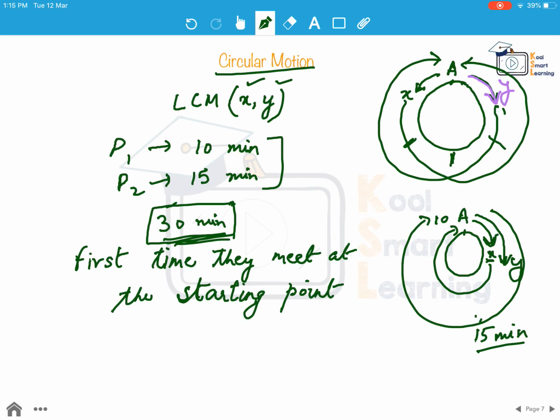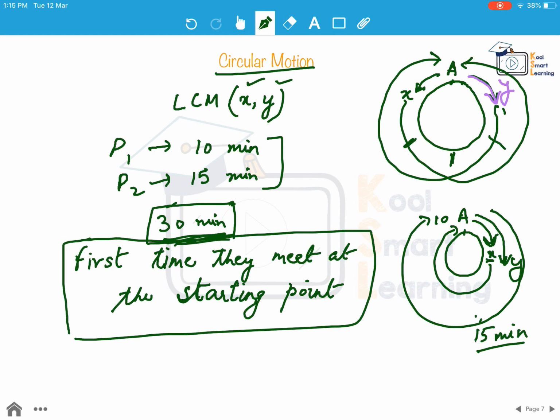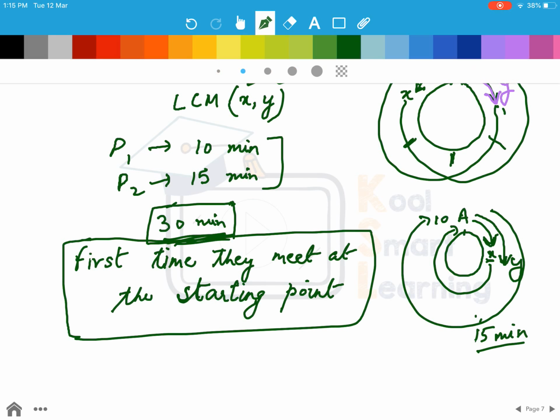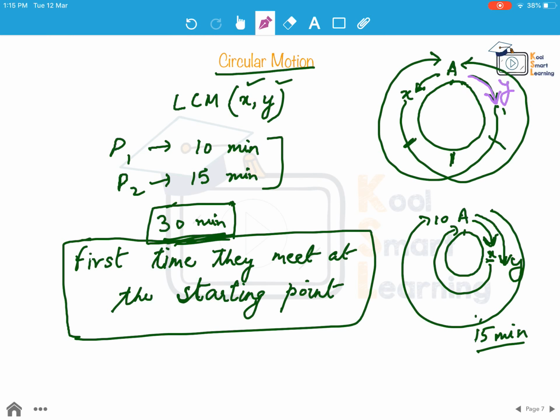So they'll come back to the point A only at the LCM of X and Y. At no other points will the 2 come together. If P1 is coming at every Xth minute, the person P2 is coming at every Yth minute, which would mean that both of them will reach there only at the LCM of X and Y. So the first time they meet at the starting point is the LCM of X and Y.